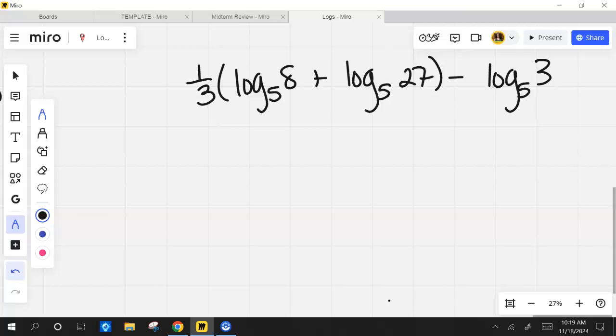Some of you are multiplying 8 and 27 and then doing the third root. Either one of those ways is correct. Remember, as long as you are doing legal rules each time, the order is okay.